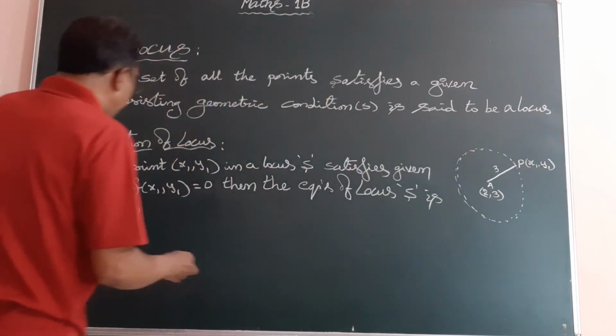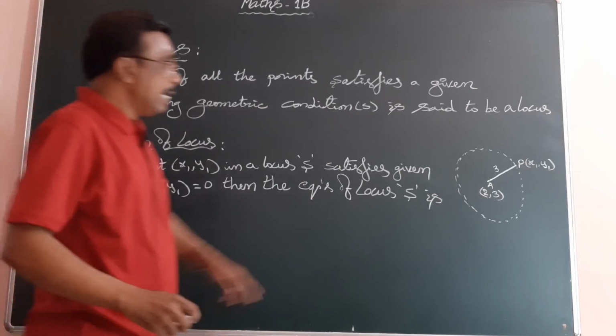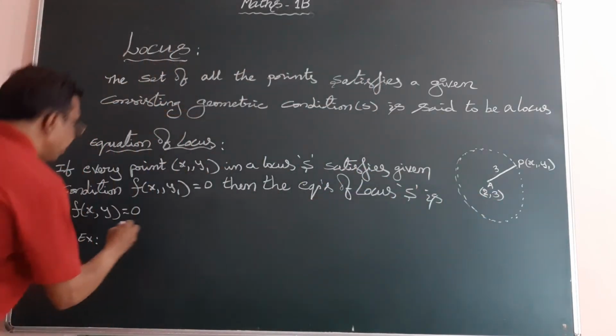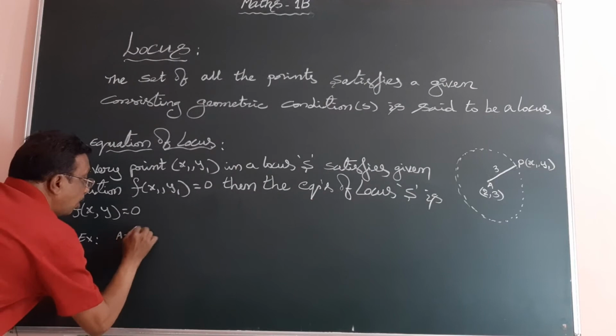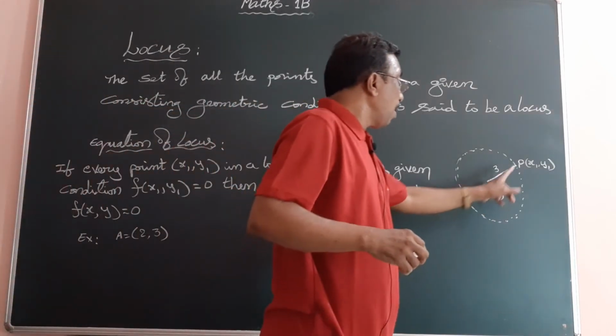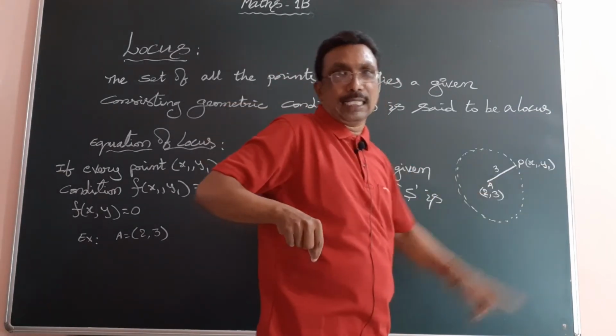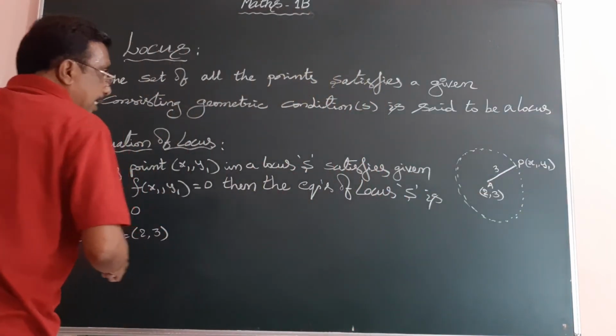First of all, A equals (2, 3). One point is given. Next, let P(x1, y1) be a point on the locus.